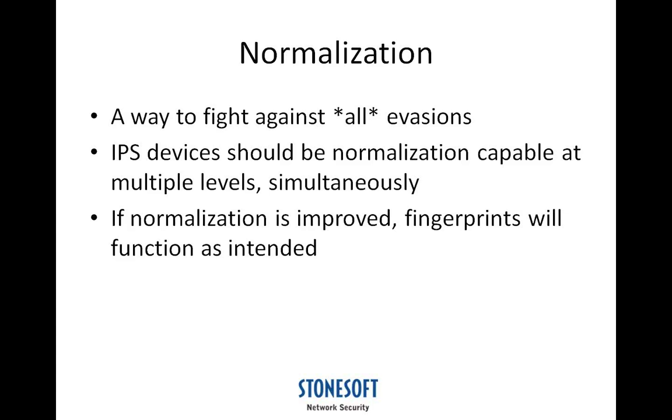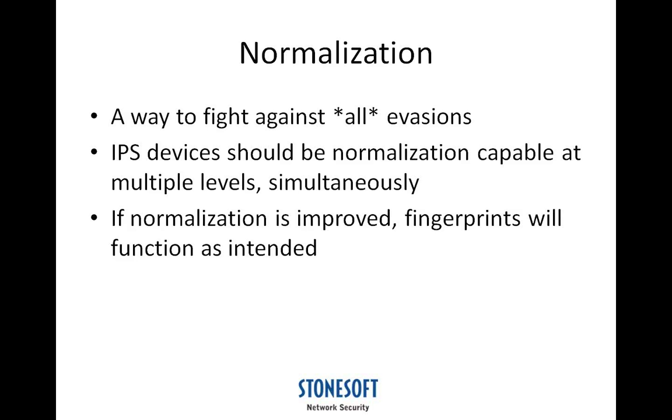And here's the cool part. If there's a positive spin to put on this whole thing, I think this is it. Normalization definitely needs to be improved. Like I said, maybe due attention hasn't been paid to it over the last couple of years. But if normalization is improved, the fingerprint libraries that most of the vendors have out there are really darn good, and it's something IPS vendors should be very proud of.